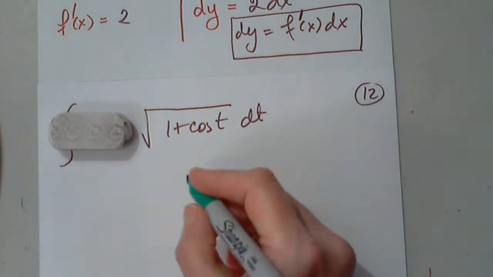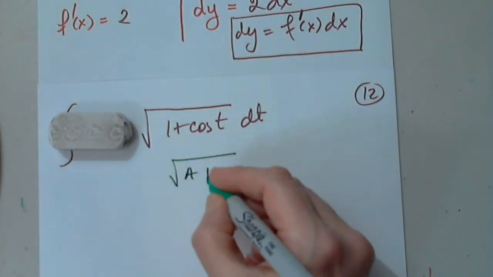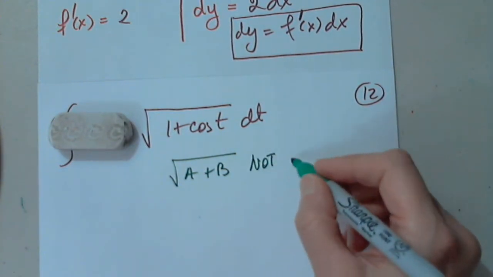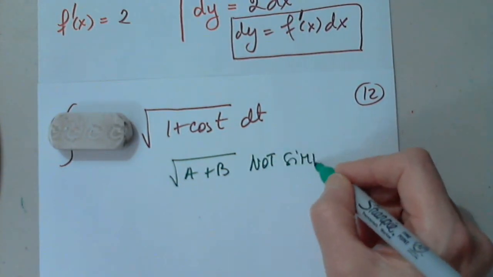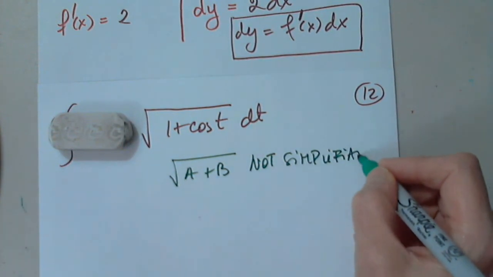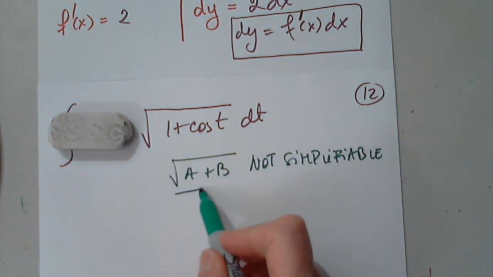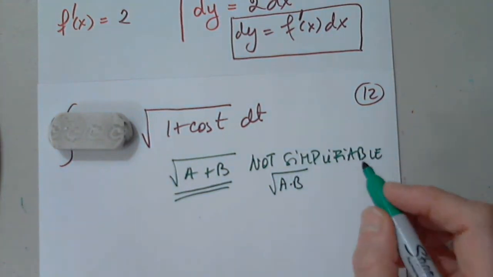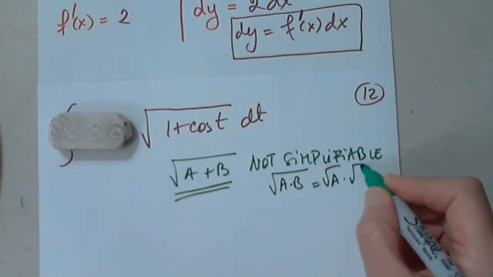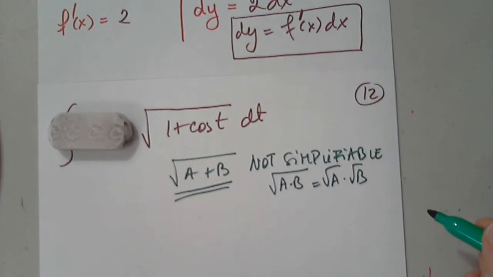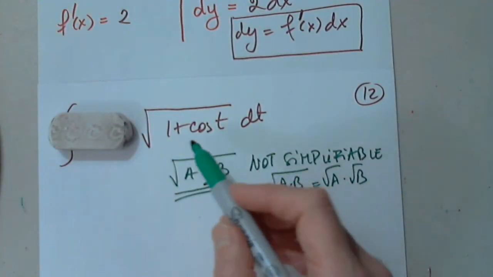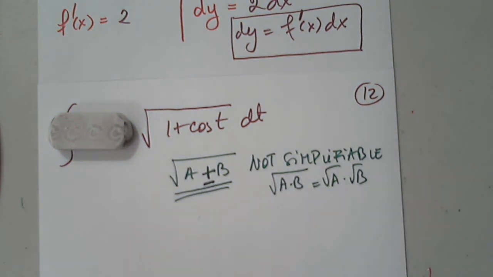And this is a square root of a plus b, which cannot be simplified. This is a problem. If I have the square root of a times b, it's a different story because I can write this, so who knows, maybe I can simplify. But this is addition or subtraction. So this is my starting point.